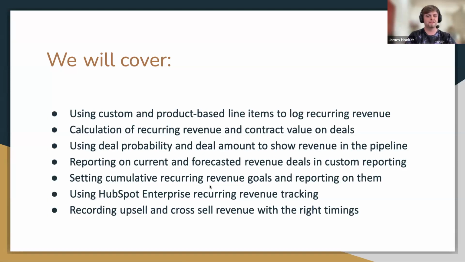Because that's really something that people get stuck with a little bit with HubSpot, especially when they get to these later stages. They'll be trying to track their recurring revenue, not just at that moment in time, but how that recurring revenue has changed over time as people have come and, of course, gone at some times as well.